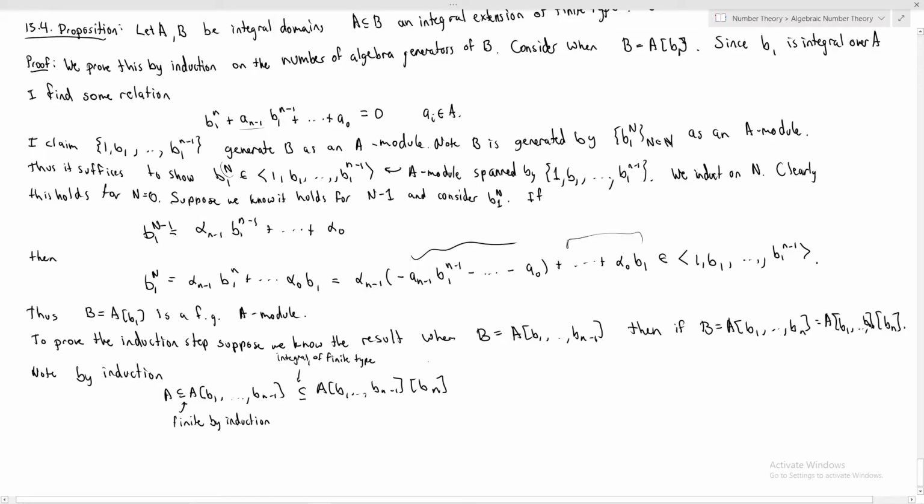So this extension is generated as an algebra by B sub n, and it's integral because everything here is integral over A, so it's definitely integral over here. This implies this extension is finite by the base case.